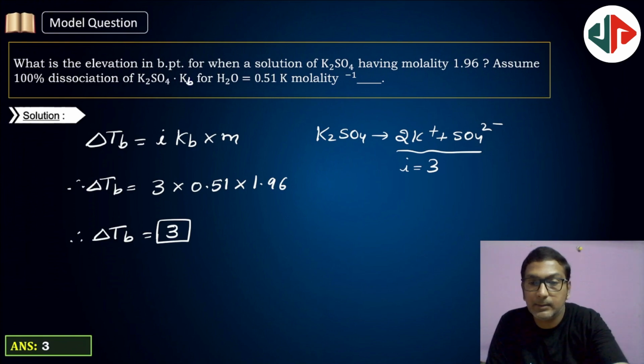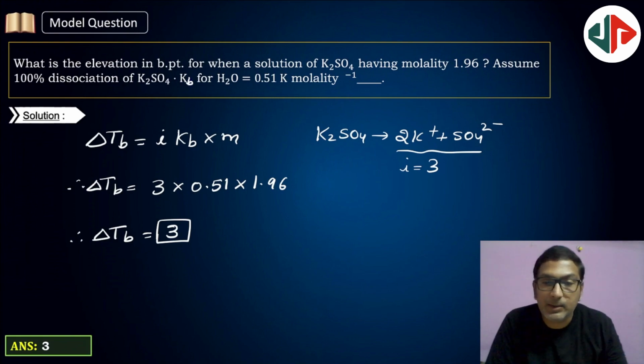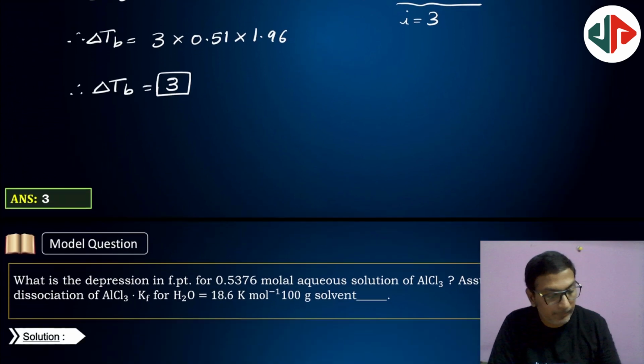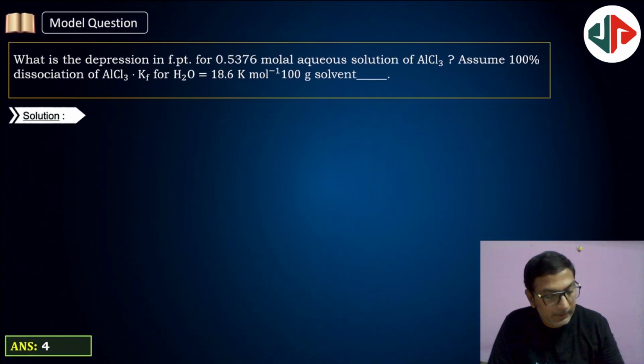Next question. What is the depression in freezing point for 0.5376 molar aqueous solution of AlCl3?